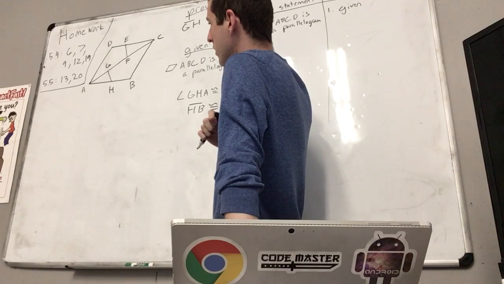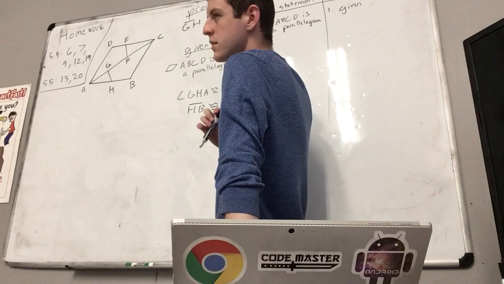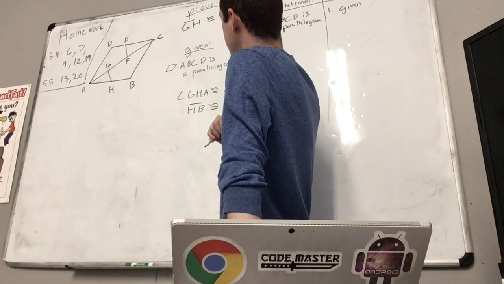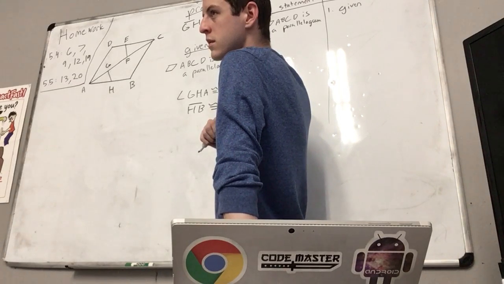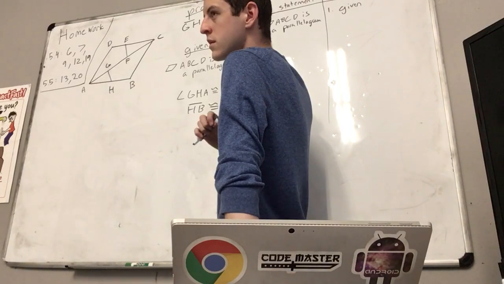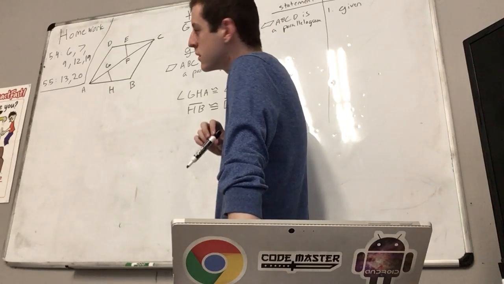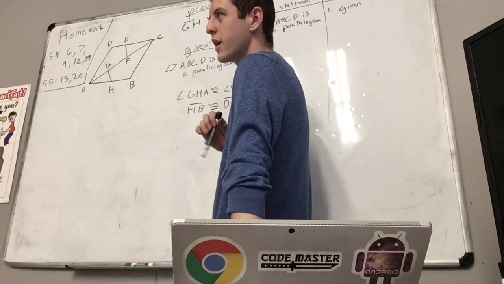And then because you have GHA and the line between AH, and because you have those three, and same for the other triangle, you can use SAS to say that those triangles are congruent, and then you can use CPCTC to say that EF and GH are congruent. Okay.